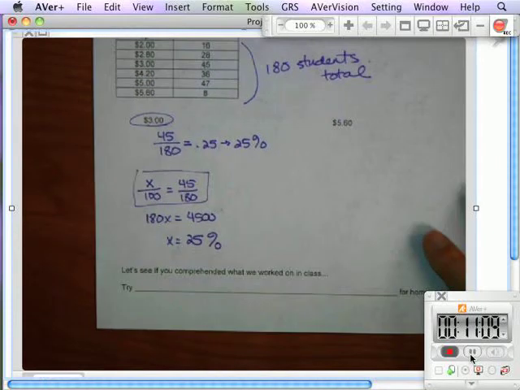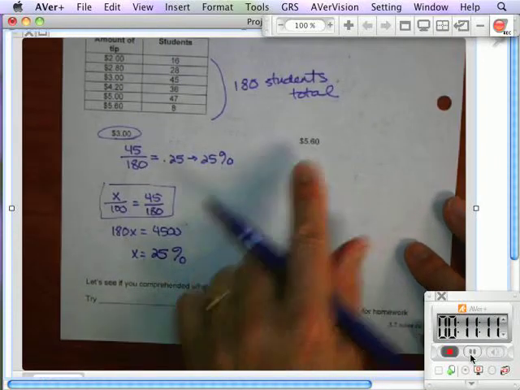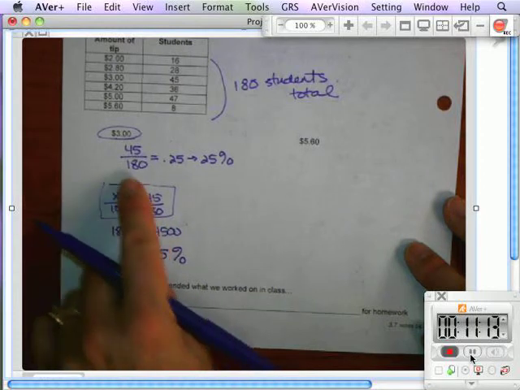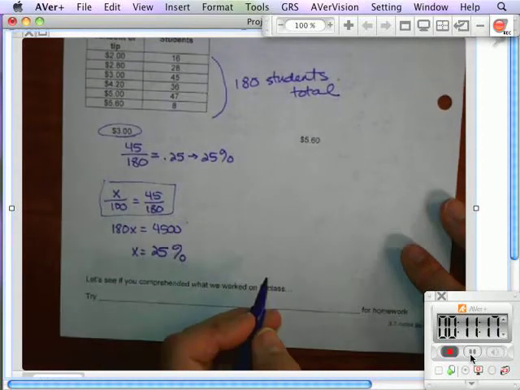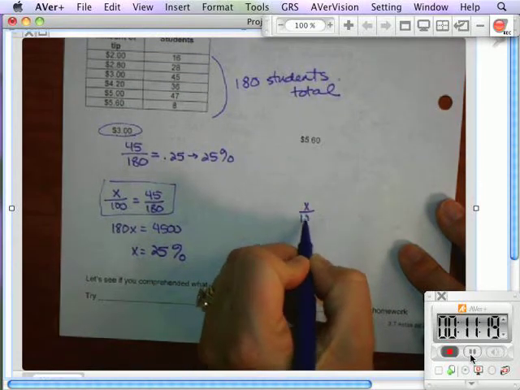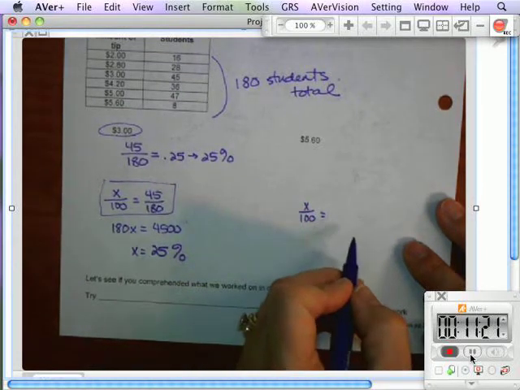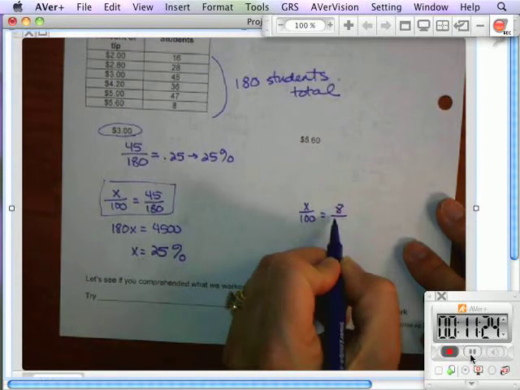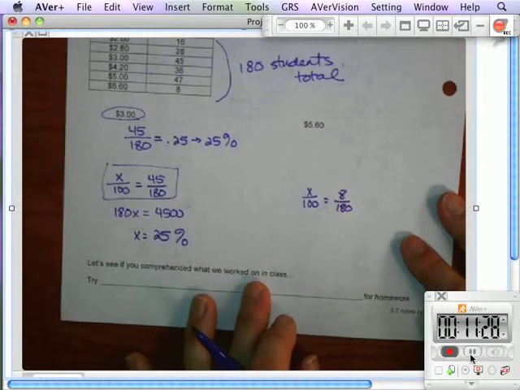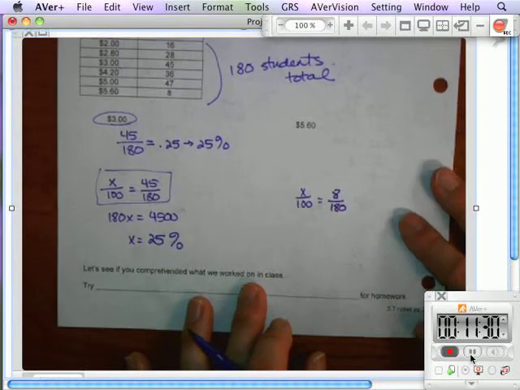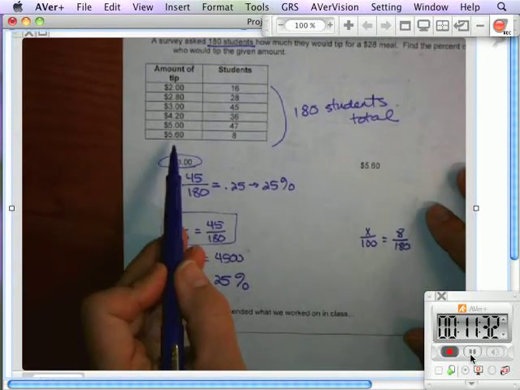Okay, do this one the same way. Either set it up as a proportion, or you can just do it this way. It's up to you. Look at the table. $5.60.